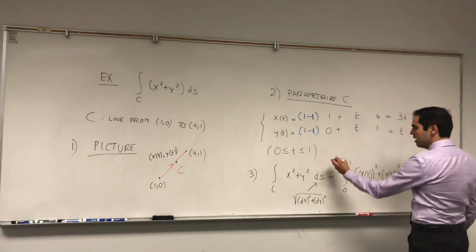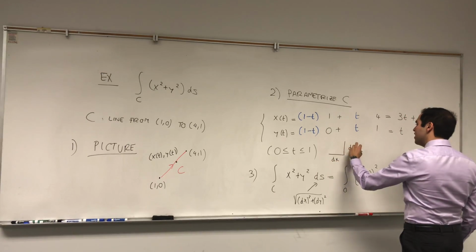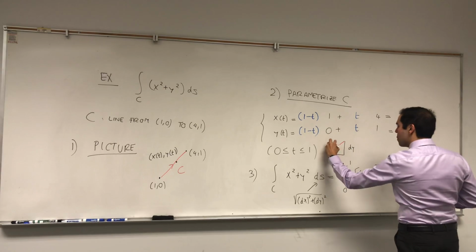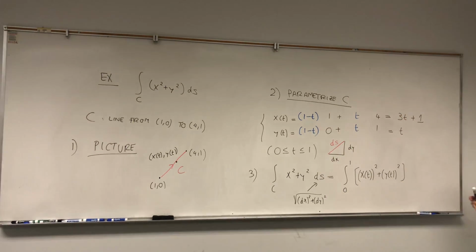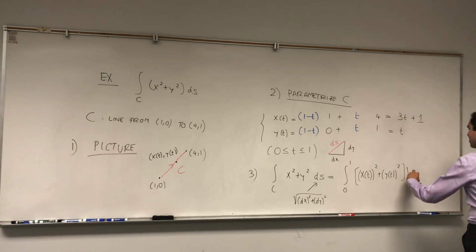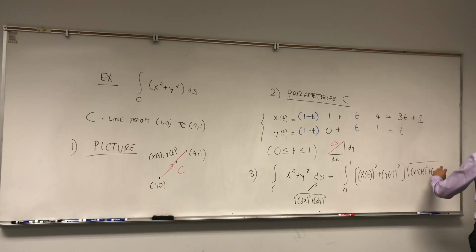In other words, if you have a triangle with sides dx and dy, ds is precisely the diagonal of this triangle, so you just use the Pythagorean theorem and the chain rule to get that this is square root of x prime of t squared plus y prime of t squared, times dt.